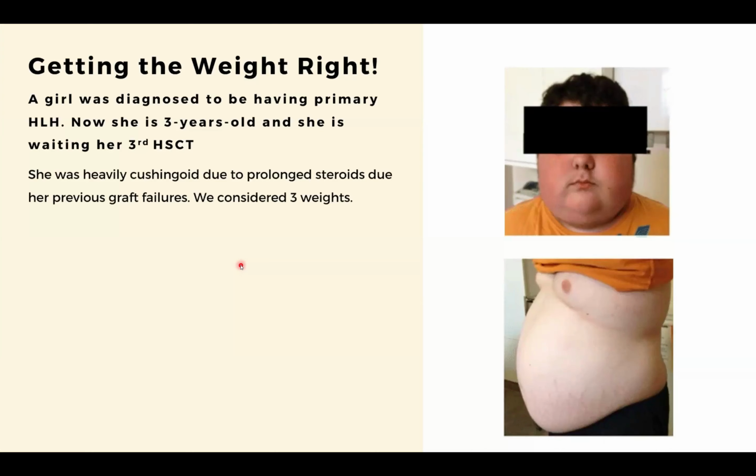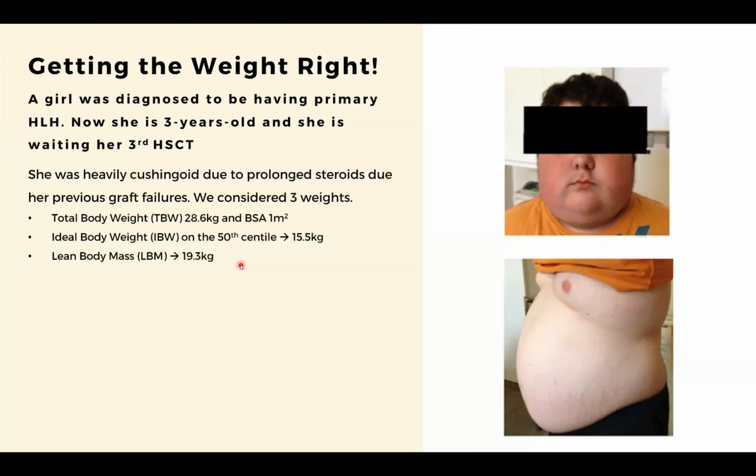So we considered 3 weights for this child. The total body weight was 28.6 kg for this 3-year-old girl, so it's definitely overweight. But then we calculated other parameters like ideal body weight, lean body mass, and adjusted body weight. Depending on these measurements, we have to decide the drug dosing.